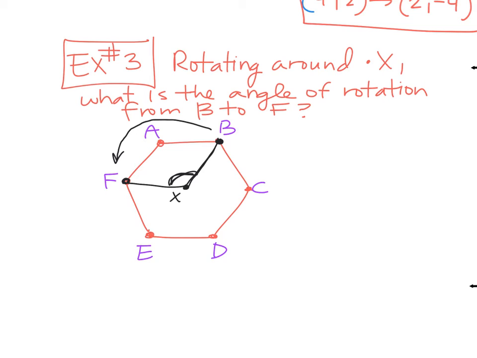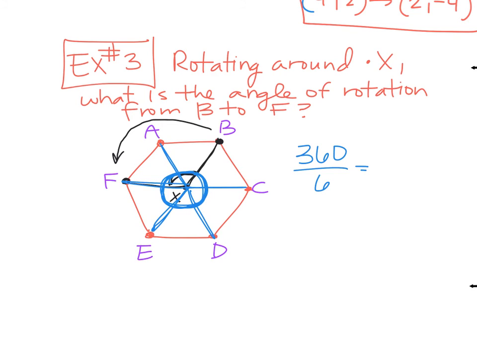102. So if you look at this setup, we cannot just measure it with a protractor, but look at what we have. If I draw every one of these angles in, what is going to be true of all 6 of these angles? They're the same because it's a regular polygon. So if those are all the same, I can figure out what one of them is by doing what? 360 divided by 6. 360, because it's making a circle there, right? 360 divided by how many angles we have.